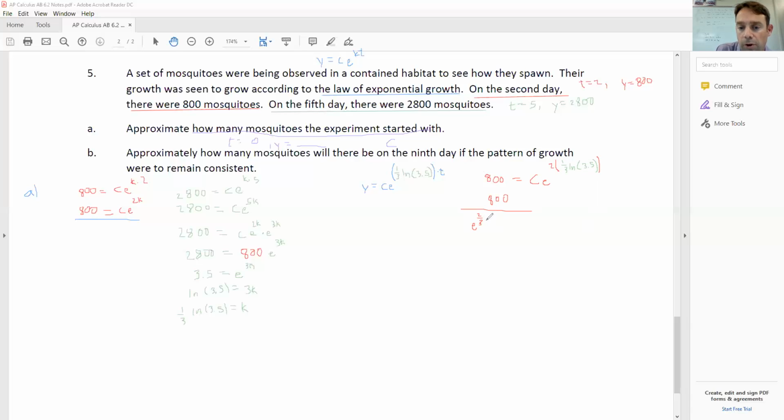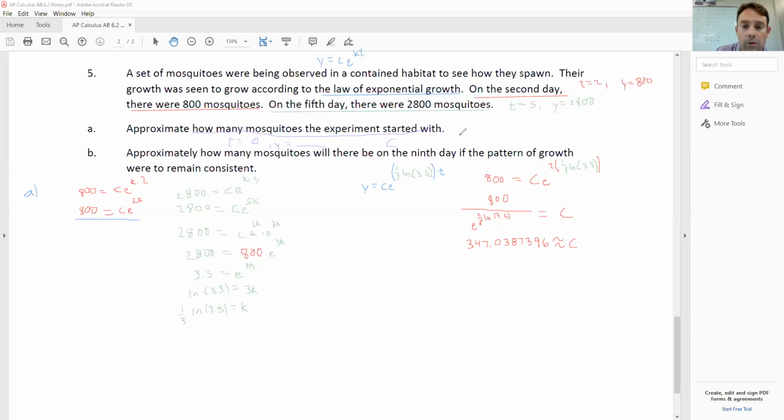So c is going to be equal to 800 over e to the 2/3 the natural log of 3.5. And when I plug it into my calculator, I get 347.0387396. Now I'd go ahead and store that value because we're going to need to use it again in a second.